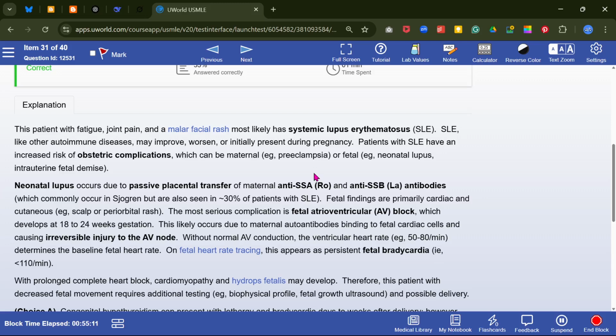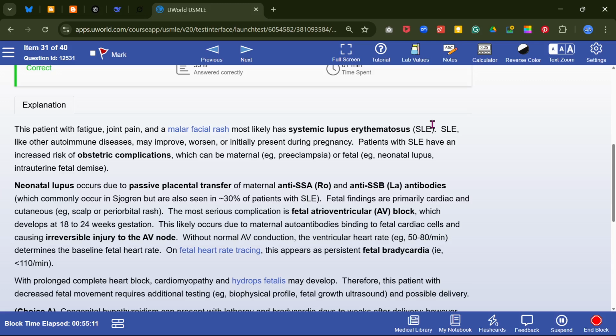Neonatal lupus occurs due to passive placental transfer of maternal anti-Ro (anti-SSA) and anti-SSB (La) antibodies, which commonly occur in Sjogren's syndrome but are also seen in 30% of patients with SLE. Fetal findings are primarily cardiac and cutaneous, scalp or periorbital rash.